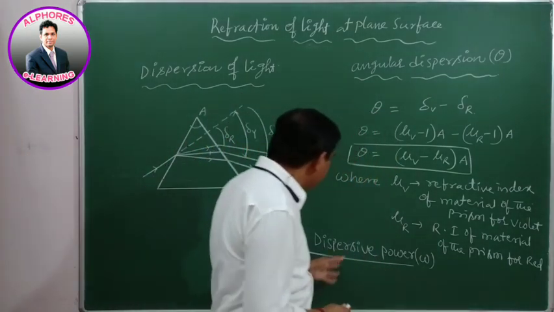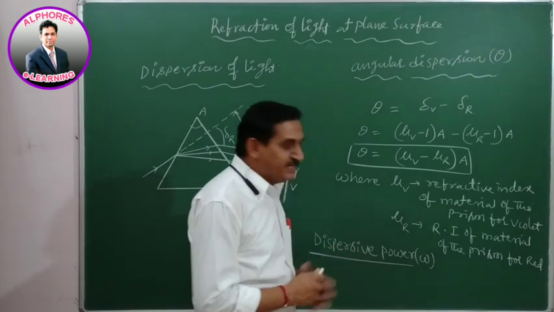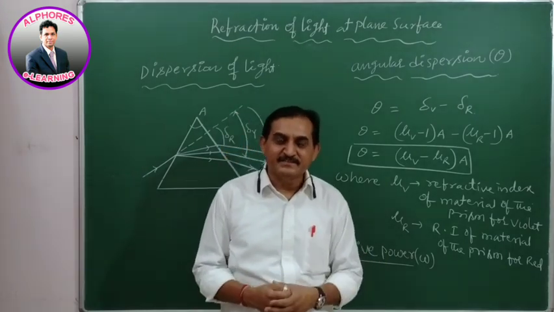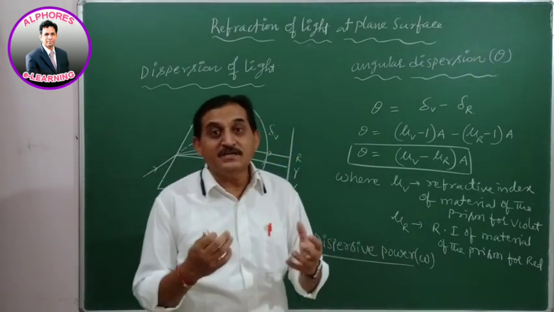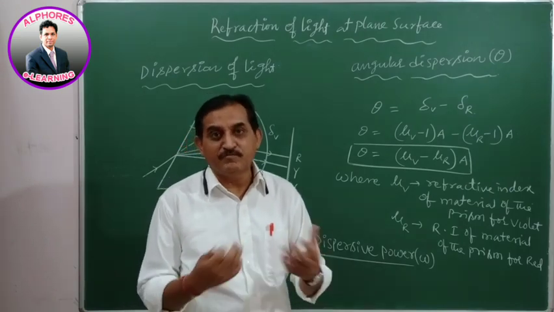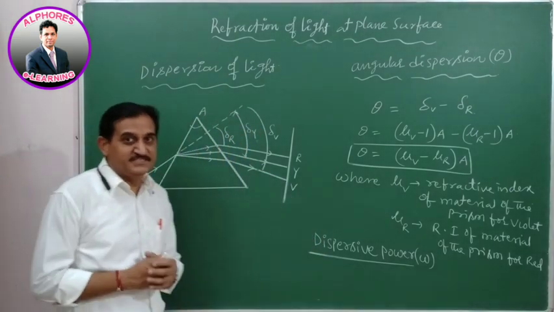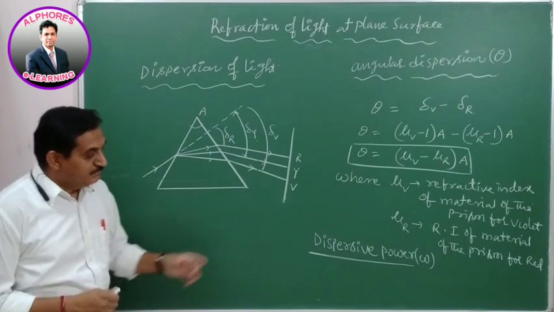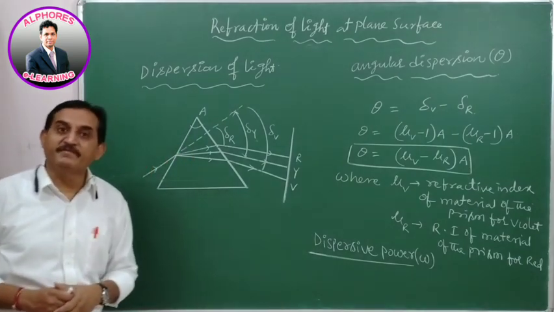So the dispersive power indicates how greatly the colors are split from the white light by the prism.